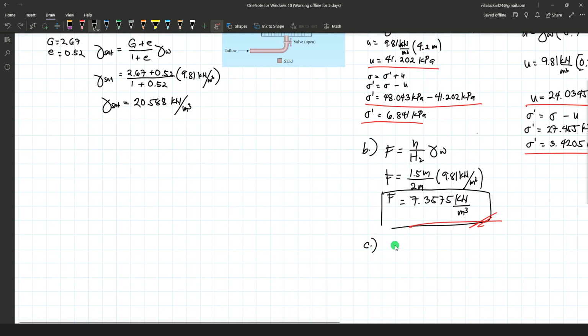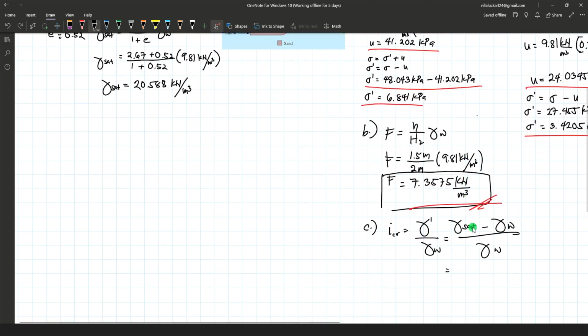For letter C, the critical hydraulic gradient, i critical, is equal to the submerged unit weight over unit weight of water. It's also called the buoyant unit weight. So that is saturated unit weight minus unit weight of water over unit weight of water. So we have 20.588 kilonewtons per cubic meter minus 9.81 kilonewtons per cubic meter over 9.81 kilonewtons per cubic meter.